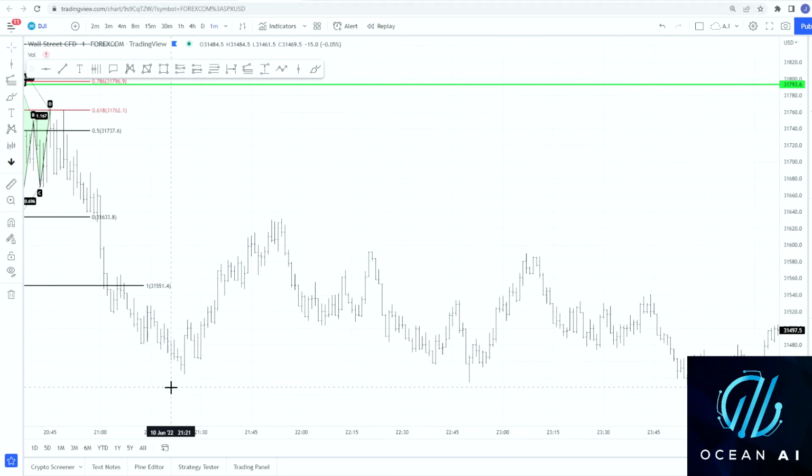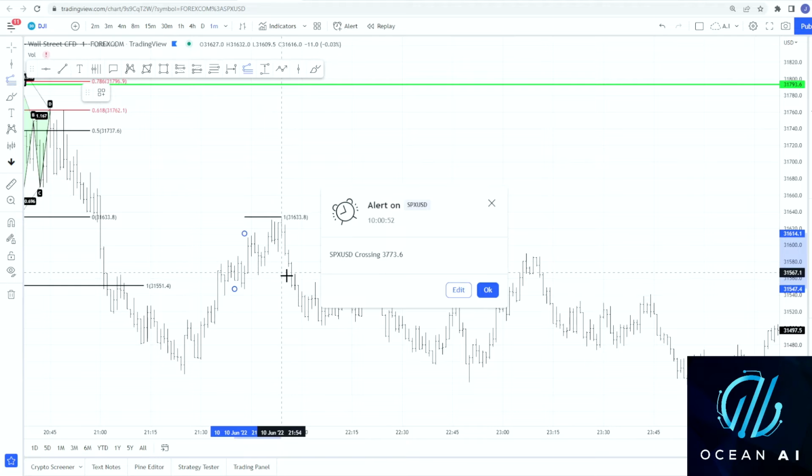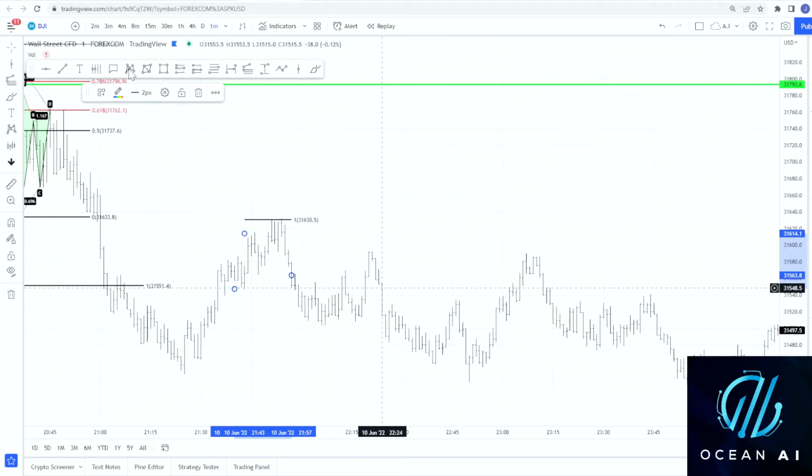Once that low came in there, we had a bit of a rally. In that rally, this top was a little 3-drive pattern, which is this one here.